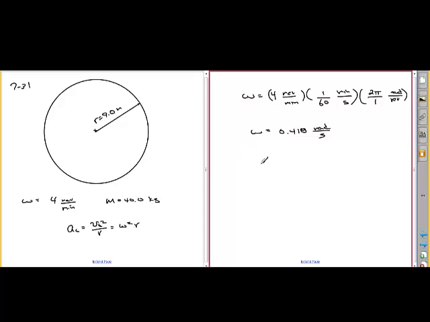Okay, so that's omega. So the centripetal acceleration is just omega squared times R, and that'll give us meters per second squared.